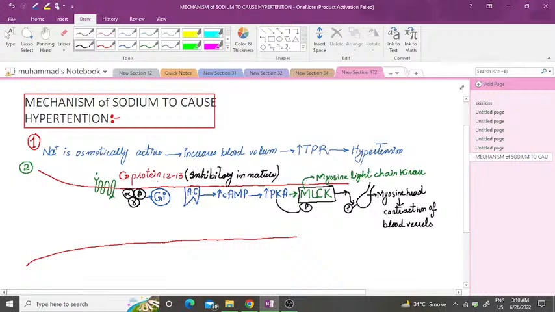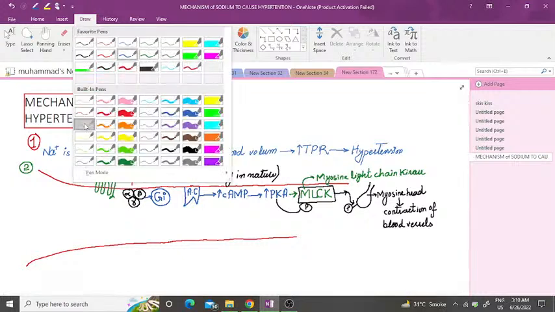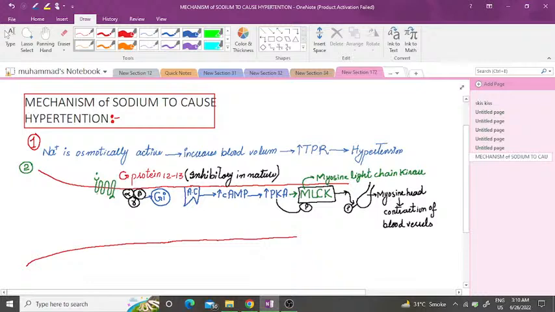Okay, what is sodium going to do with this cellular mechanism? Sodium, which we normally use, activates this Gi protein.